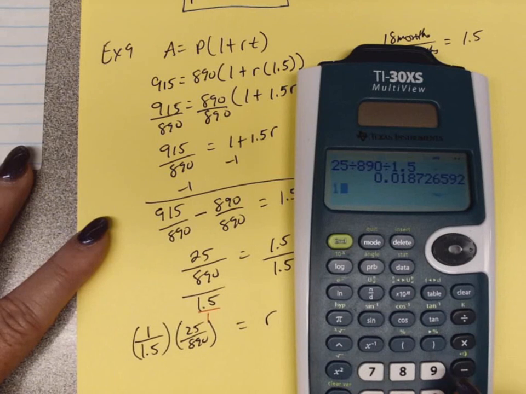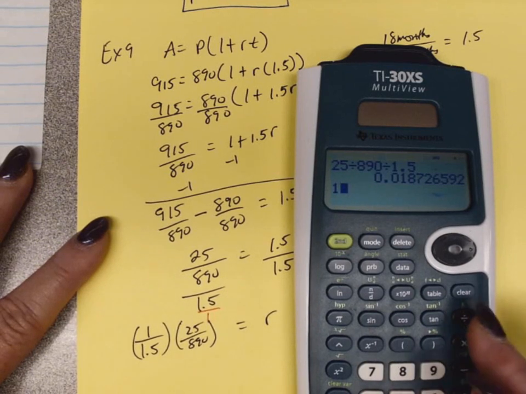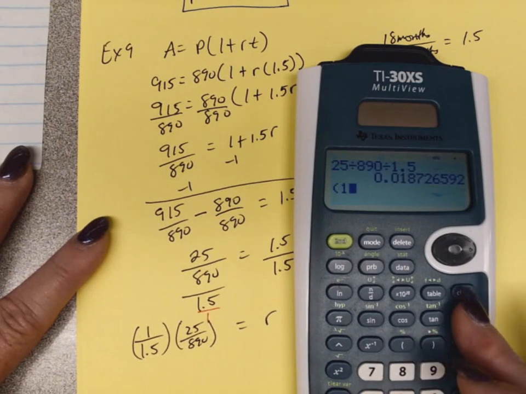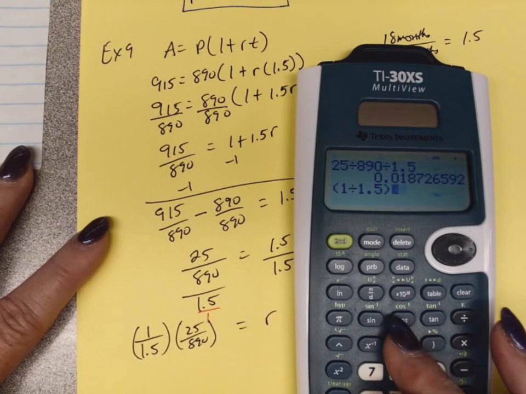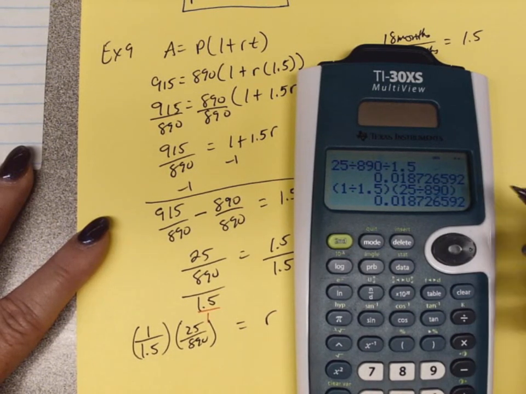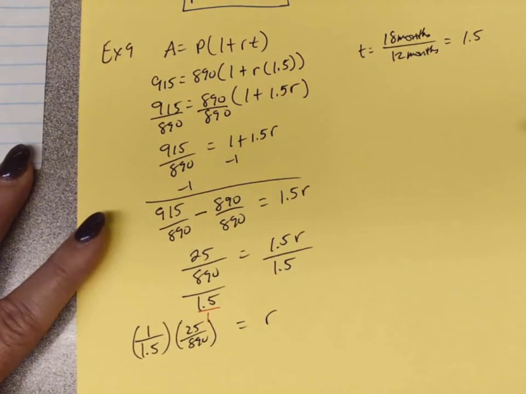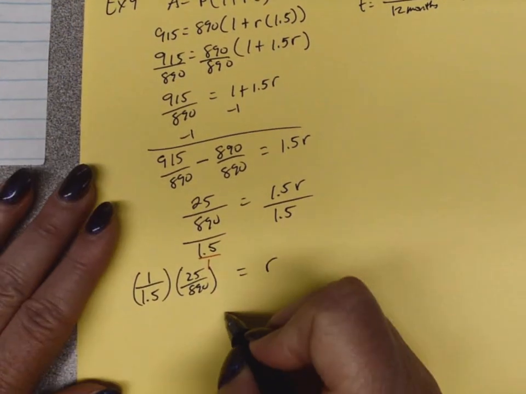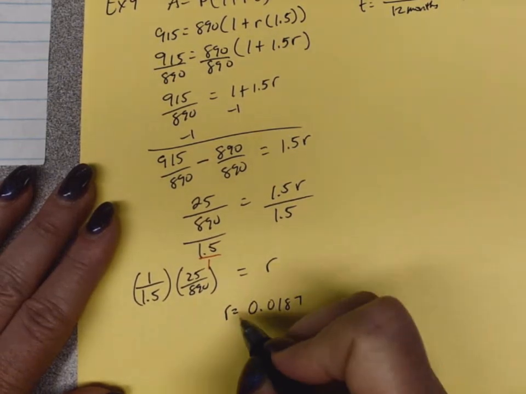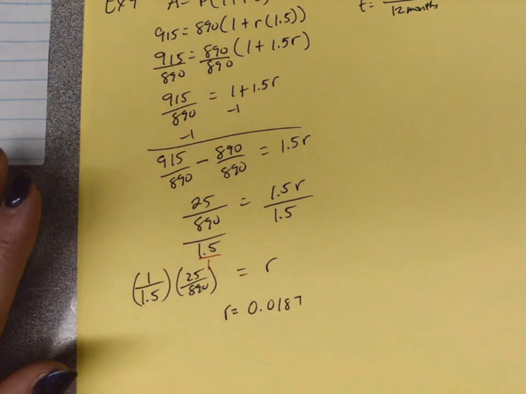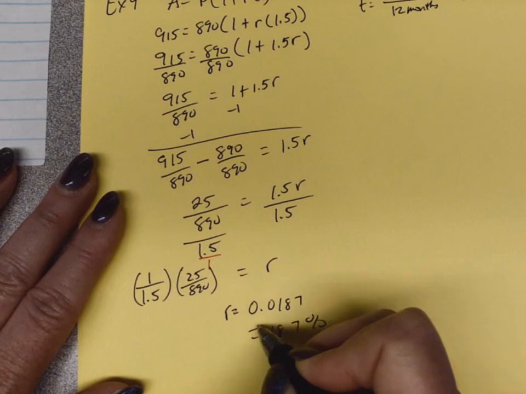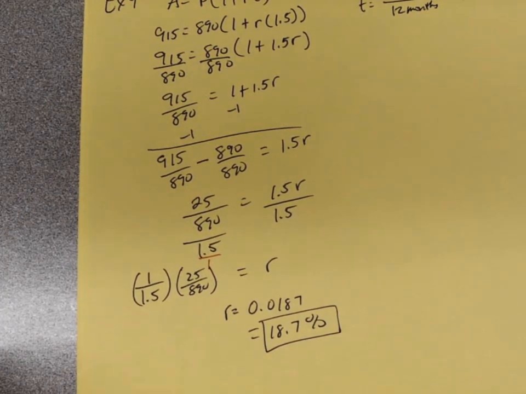Or I can also do parentheses 1 divided by 1.5, parentheses 25 divided by 890, and we're going to get the exact same answer. I'd like you to understand more of the math than just let's find the answer. So we get 0.0187, we're going to 4 decimal places, and then we'll change that to a percentage, which will get us 18.7%. So that will be what the value of R is.